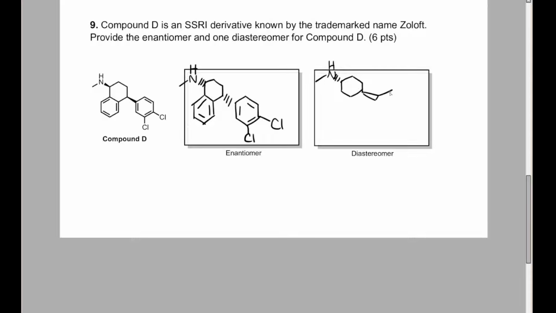Sorry, this is pretty hideous. Or you could draw it like this, where it's the other one that's flipped or inverted.